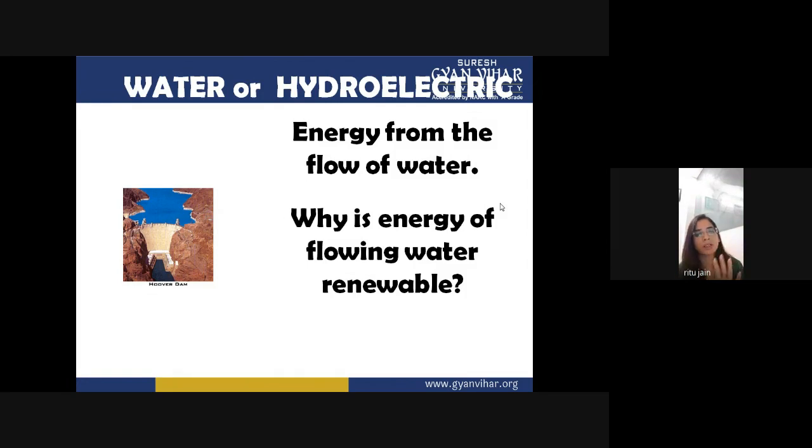So we have already discussed hydropower plants. Energy from the flow of water, the water which is running or flowing, its energy is used to generate electricity by some procedure, the procedure which we have already discussed in detail in the previous lectures.